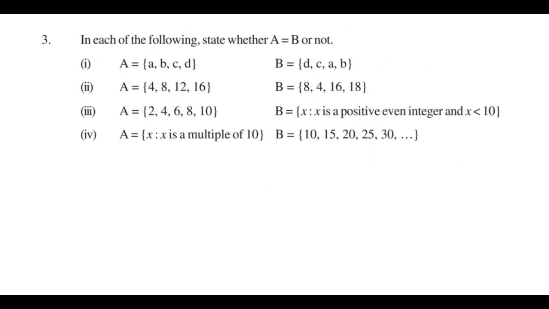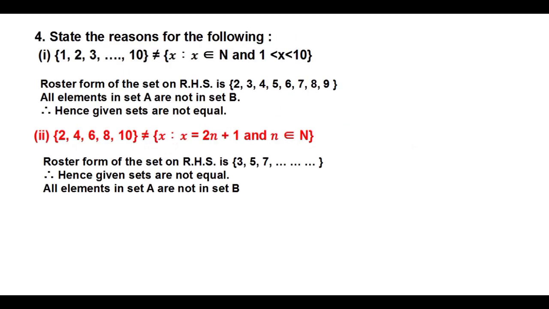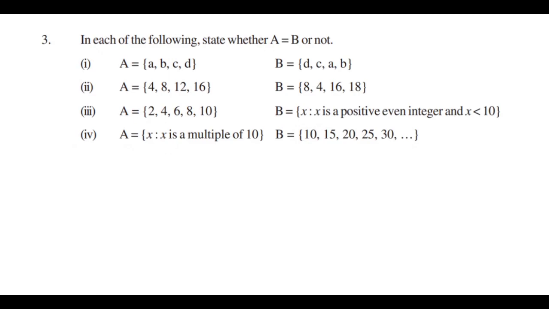In each of the following sets, we have to check whether A equals B or not. So for A and B, we write here whether it is equal or not. Okay, A equals ABCD, B equals ABCD.